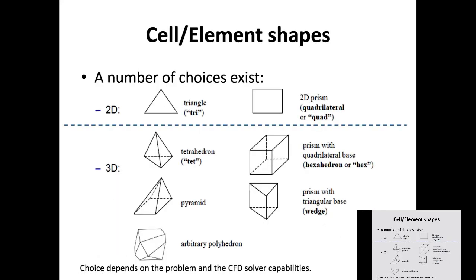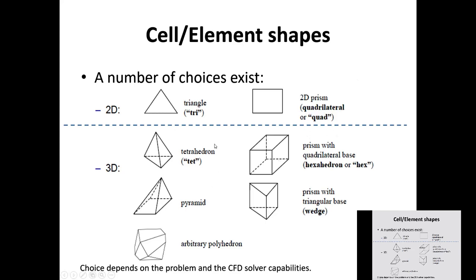So cell shapes: you can have 2D triangular cells. This is in 2D and this is in 3D. In 2D you can have triangles or 2D prisms, which are quadrilaterals.